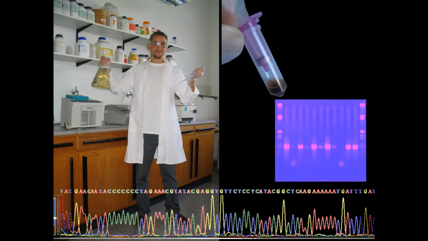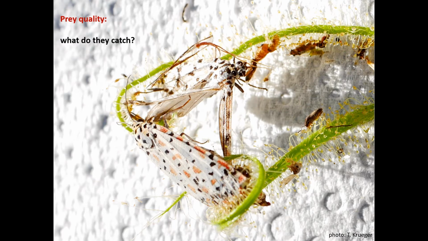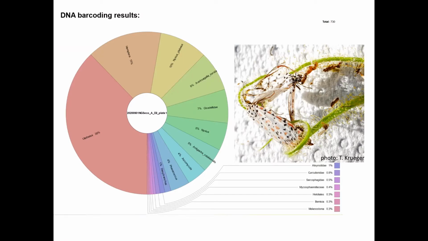So we extracted the DNA, the genetic material of the insects, and were able to identify these insects by genetic markers. So this enables us to tell something about the prey quality of each species. So what does each species capture? And this is really a very smart method using this DNA metabarcoding, because then we get per plant sample an idea, a percentage of how many DNA barcodes of each individual prey item are found.